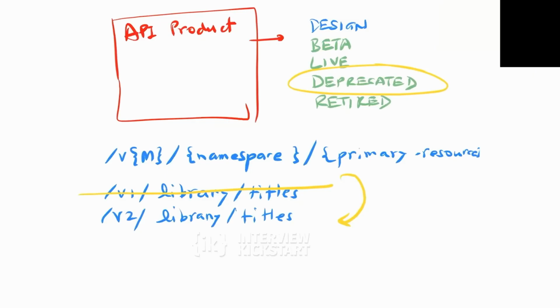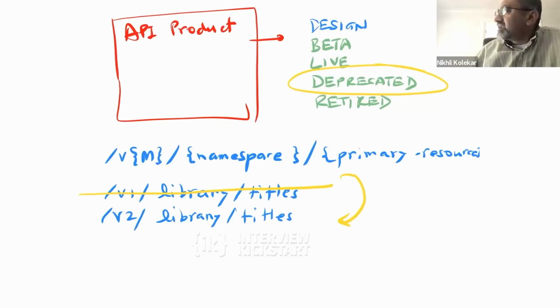A lot of engineers prefer it in headers because then they could do a lot of smart things. Their application, same deployment could serve a lot of different things. You could still do it with this because your V1 and V2, both of these paths could point to the same hosted application.